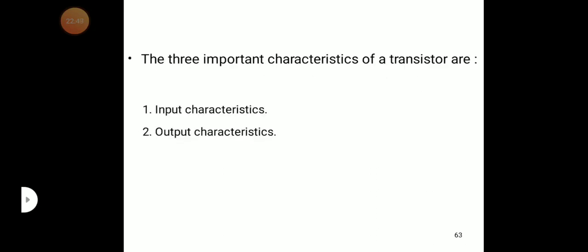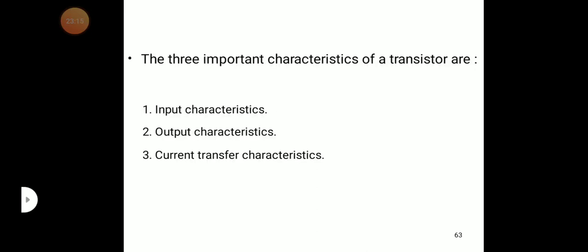The three important characteristics of the transistors are the input characteristics, the output characteristics, and the third one, the current transfer characteristics. These characteristics we need to study for the three configurations: common emitter, common base, common collector.